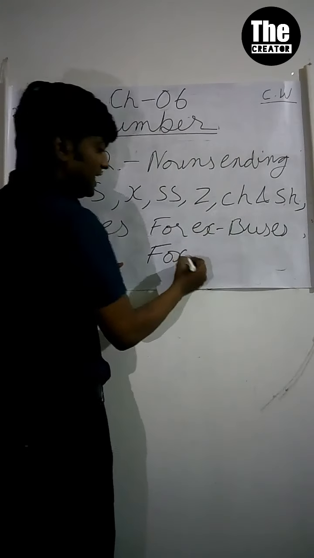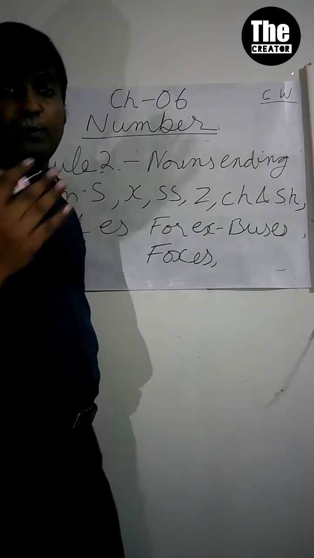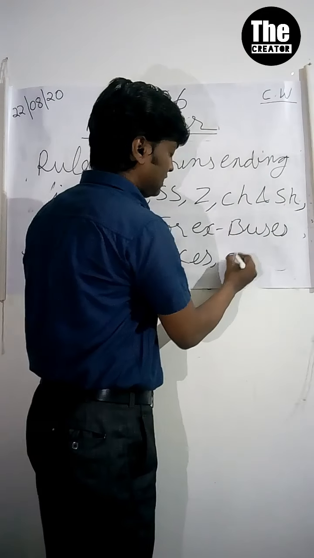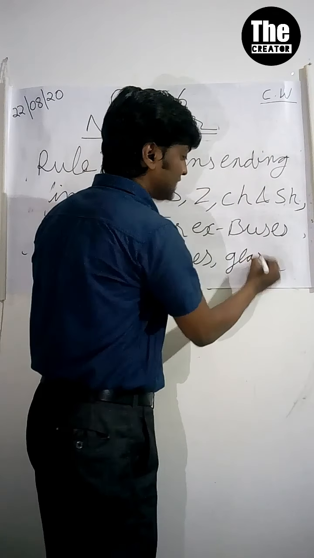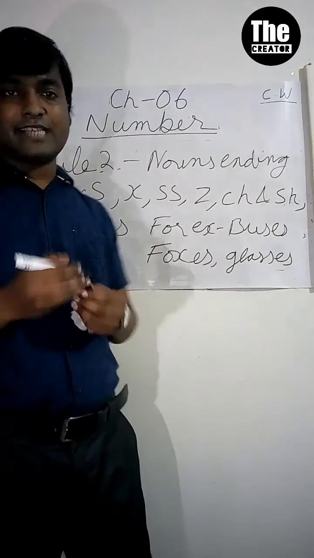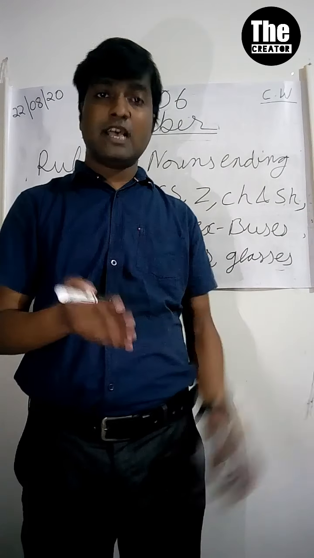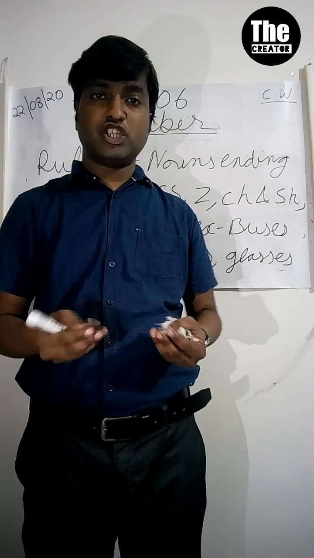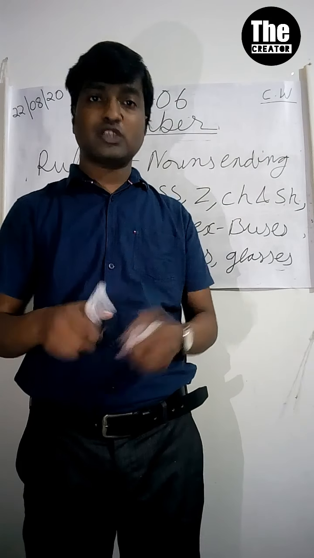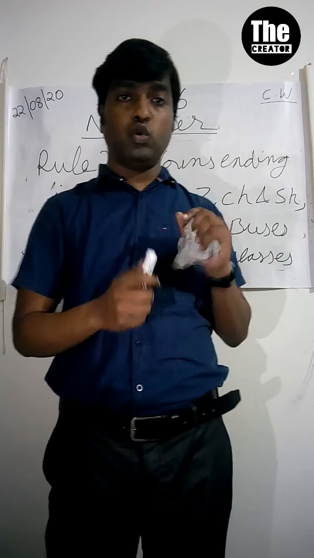You need to add ES only. Then it will become in the plural form. If we talk about double S, you can take the example of glass. Just add ES, it would become glasses. Likewise, there are many more examples: buzz, buzzes, bench, benches, bush, bushes. So these were some of the examples of rule number 2.